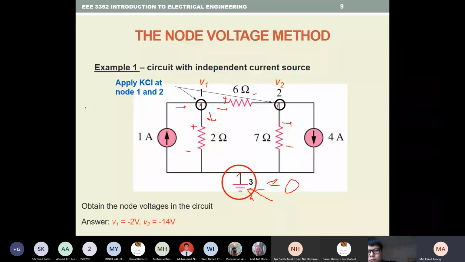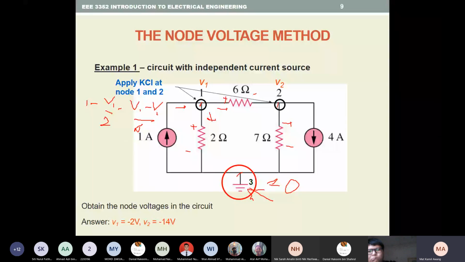So the formula is that if you write the formula here, then you have 1 minus V1 over 2 minus V1 minus V2 over 6.